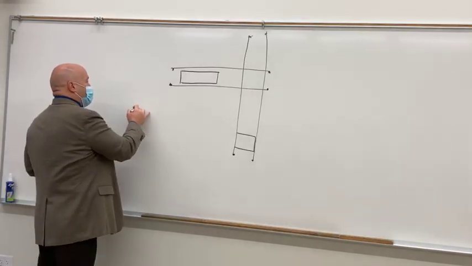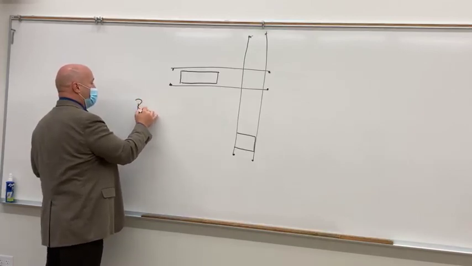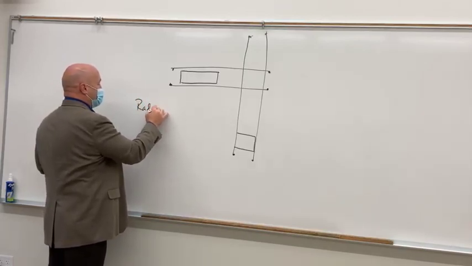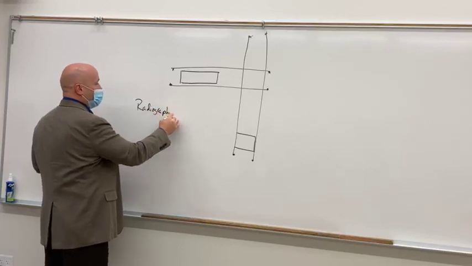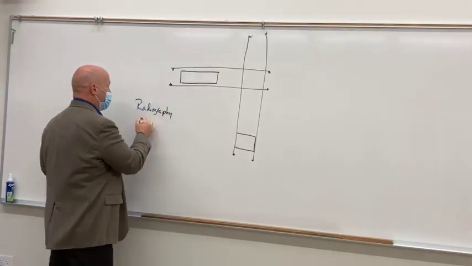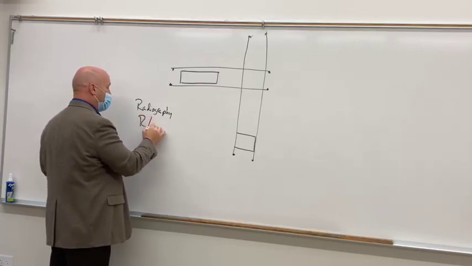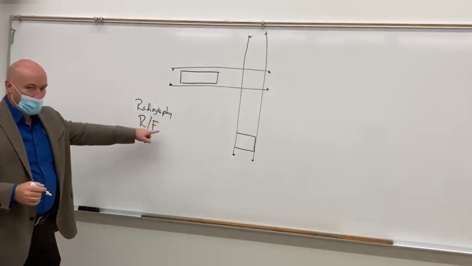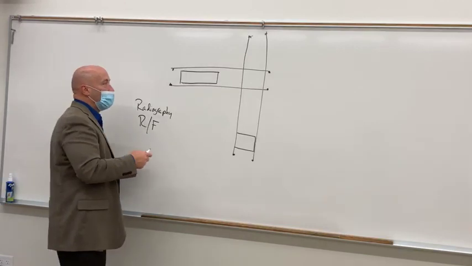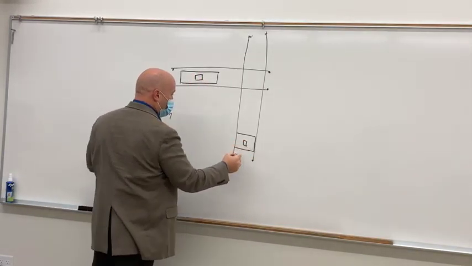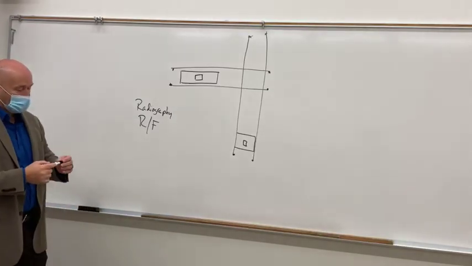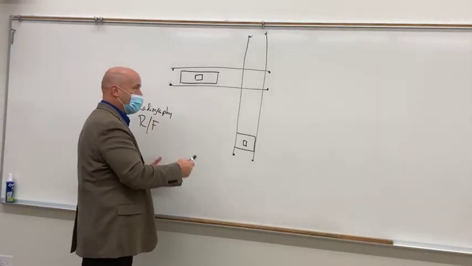In a radiography room, just a diagnostic radiography room, what you've got is this setup here. But in what we call an RF room, that's radiography and fluoroscopy, you'll have two x-ray tubes. So you've got one on the tower, and you got one inside the table.